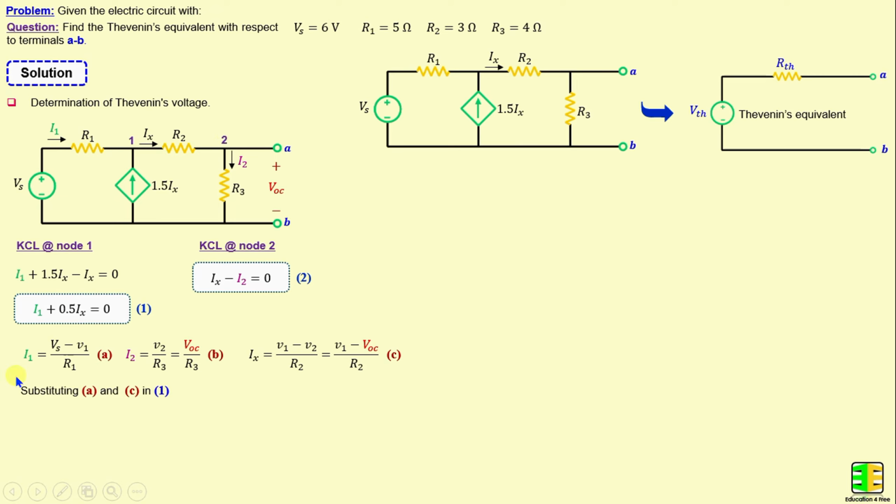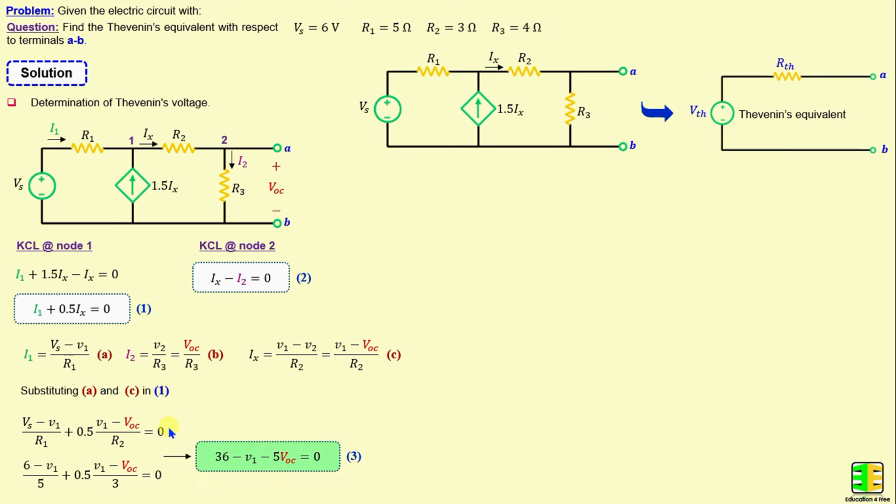Now by substituting A and C in 1, we can write Vs minus V1 over R1 plus 0.5 times V1 minus VOC over R2 is equal to 0. And if we replace the voltage and the resistors with their numerical values and we continue simplifying this equation, we obtain 36 minus V1 minus 5 times VOC is equal to 0.